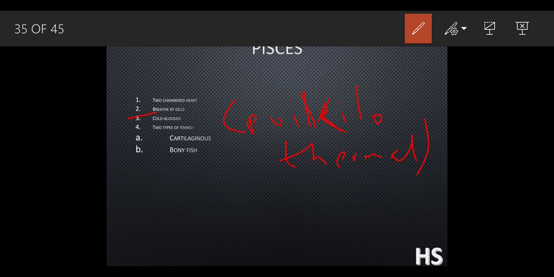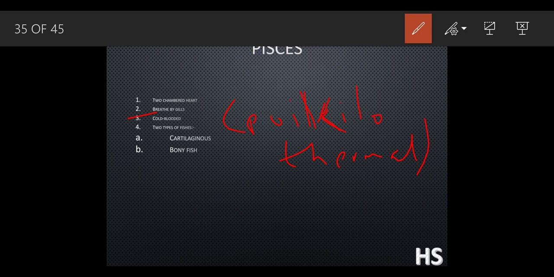That they can regulate their body temperature with the environment. If the outside temperature is too hot, they can maintain coolness inside their body. If the outside condition is too cold, they can maintain heat inside their body. The reverse condition it can do. So this is poikilothermal.